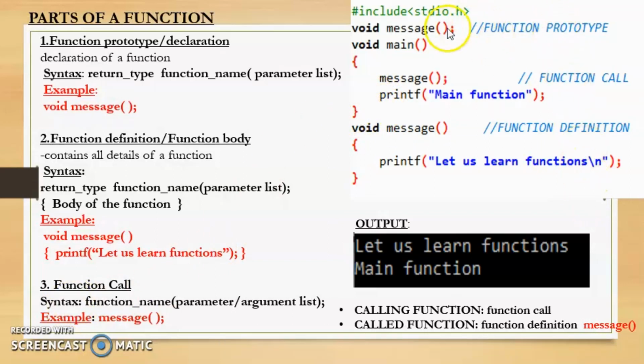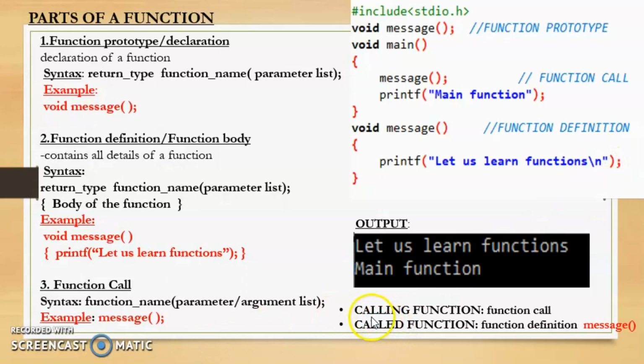So in this code, this is the function prototype wherein we declare the function. This is the function call, the point from where we call the function, and this is the function definition. So the output of the code will be, first it will print let us learn functions and then it will print main function. Main function has come on the next line because we have used \n over here.